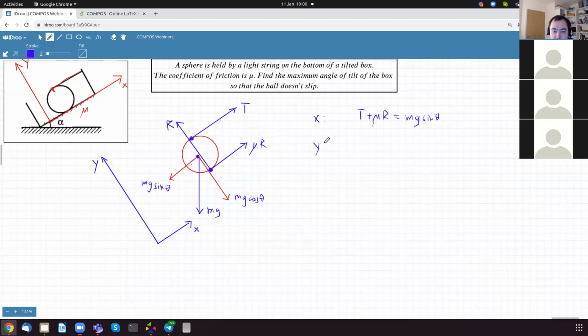And along the y-axis, R is equal to mg cos theta. So we're resolving vertical forces, or the y forces, and the x forces. So we disregard this force because we've replaced it with two other forces.